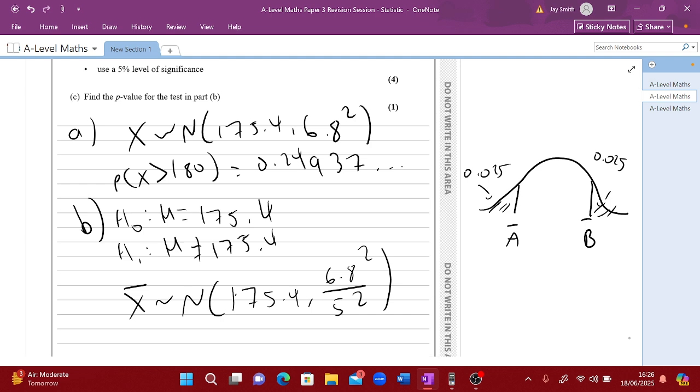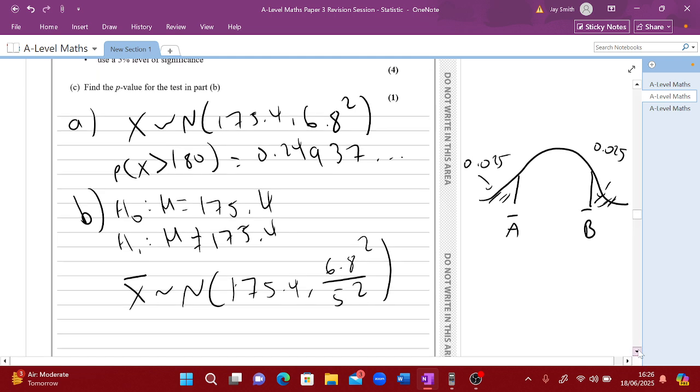In the same way, on the other tail, what's the probability that the mean in the sample, B, is greater, with less than 0.025 on the other end? Those bounds, those critical regions, are the critical values A and B, and that's what we want to find here.